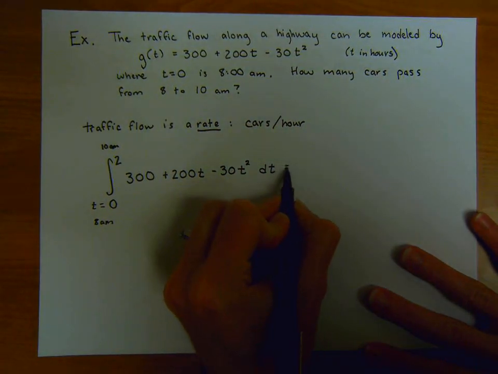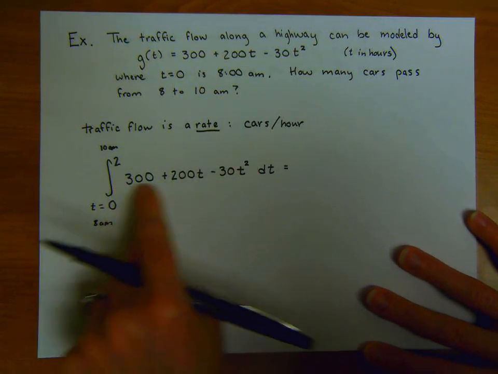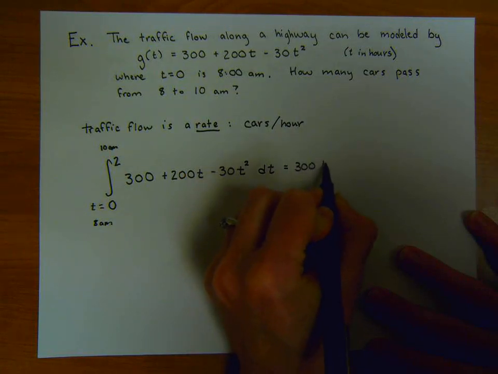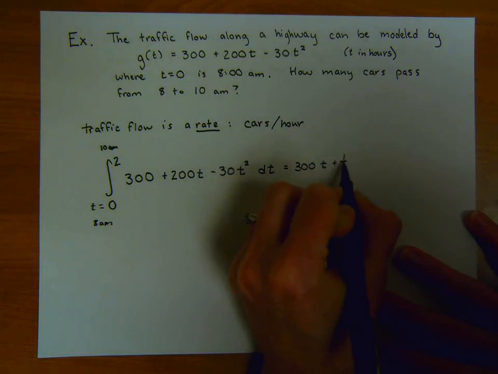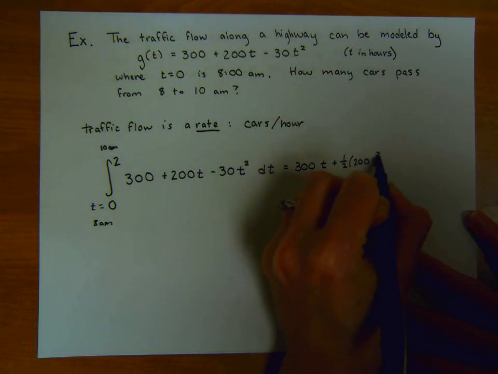So to integrate this, let's find an antiderivative of this rate function, which will be 300t plus 1/2 of 200t squared.